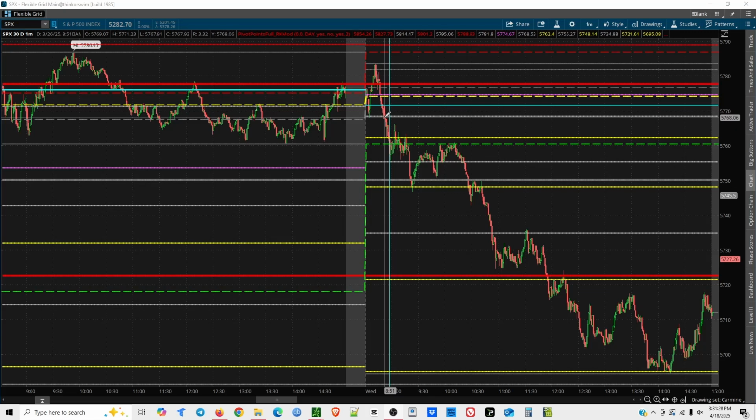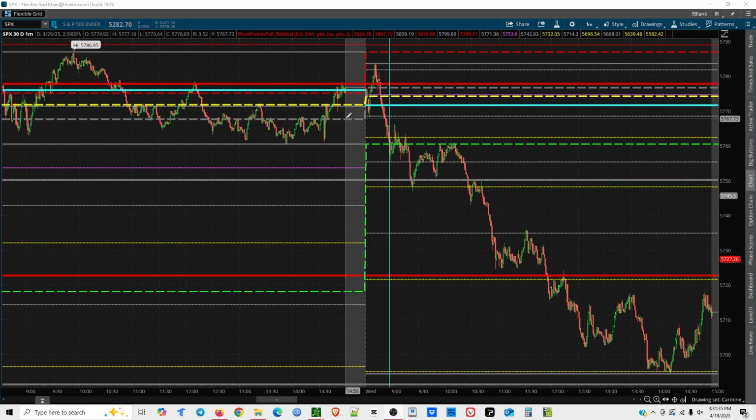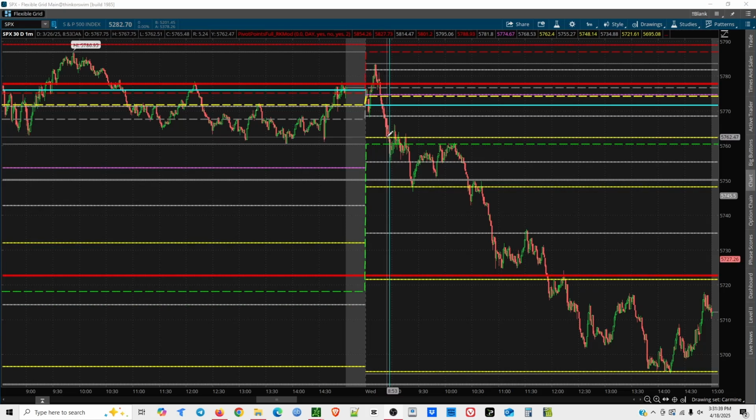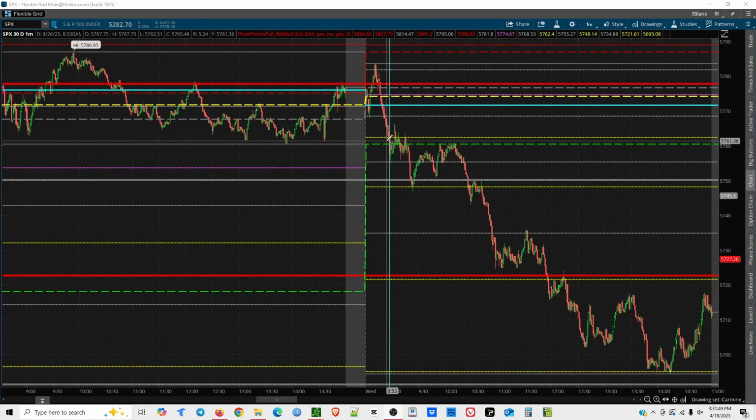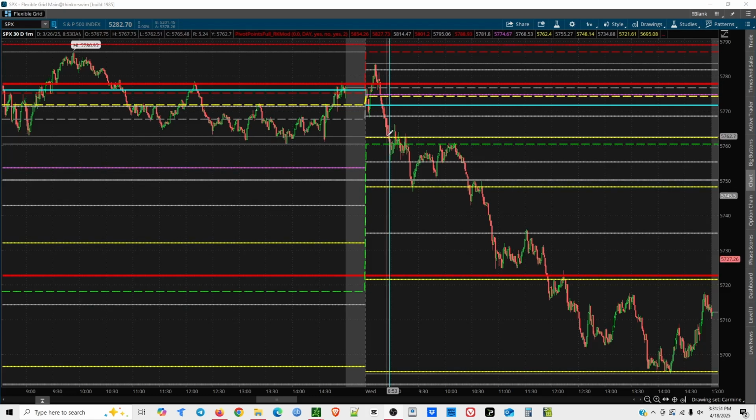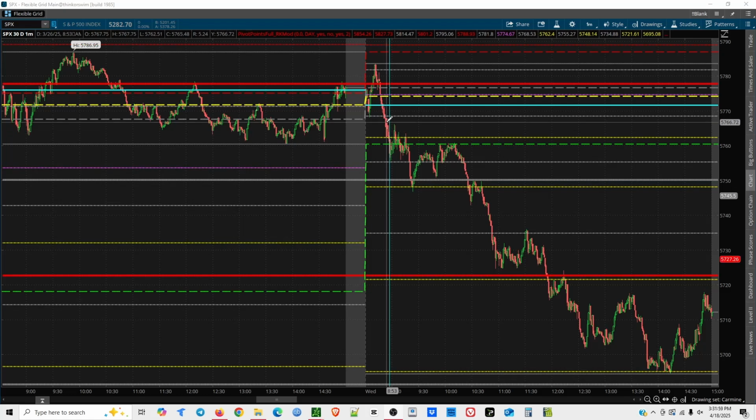And then it came down and it blew through this mid pivot line, the previous day close, tried to mount a bounce on this yellow weekly pivot line, and it was a rather feeble bounce. I mean, it was 4 points, so that's $200.